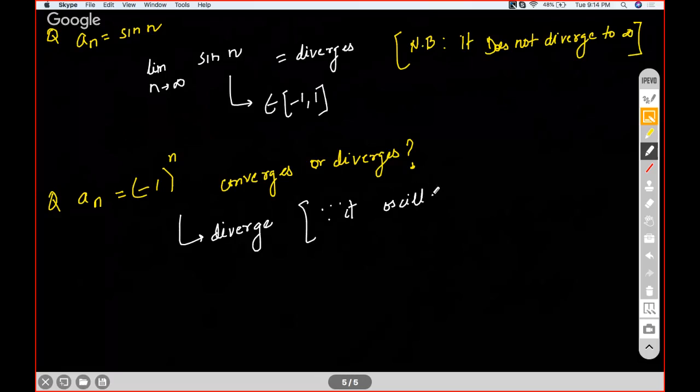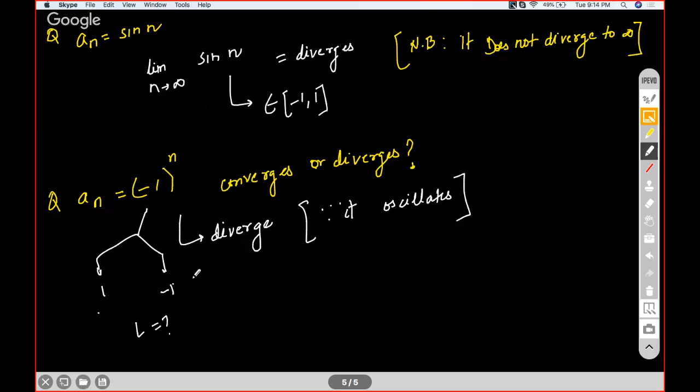Wait, why will this be divergent? Didn't we just do a question with minus 1 to the power n, and when you apply the limit, it becomes 0? No, but there you are dividing by n also, right? But in this case, your answer will either be plus 1 or minus 1. So what is L? I don't know whether it's plus 1 or minus 1.